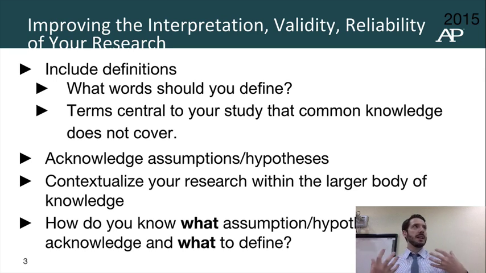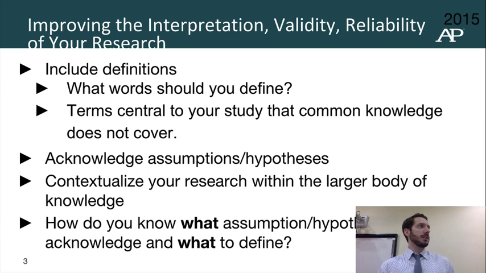The question when it comes to a definition section is, what do you actually need to define? And the simple answer is, you are going to define terms from your research question, especially if it's proper scope, that are central to your study. So things like the focus topic itself.